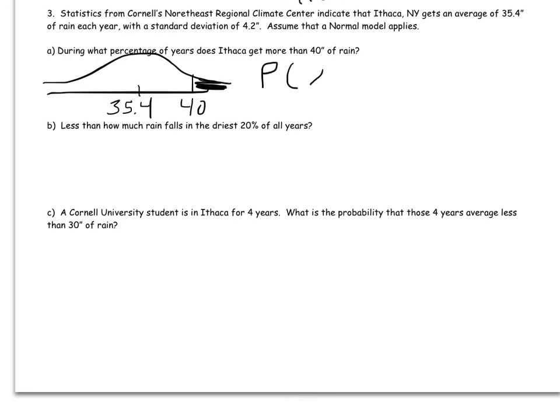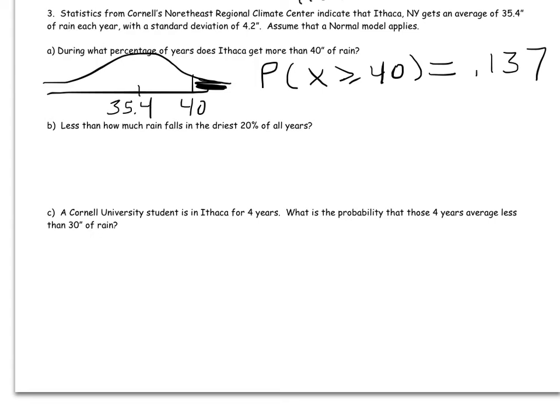So it's the probability that in a single year, x is greater than or equal to 40. So I basically need to find the z-score that corresponds to 40 and then do normal CDF from that z-score to infinity, and we end up getting about 0.137, so there's about a 13.7% chance that Ithaca gets 40 inches or more rain a year.